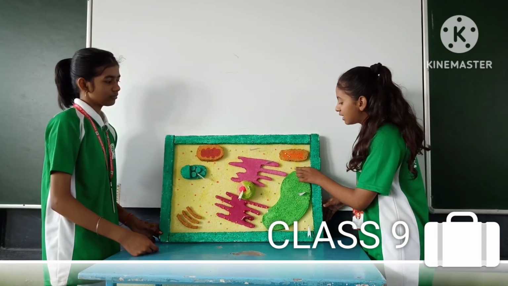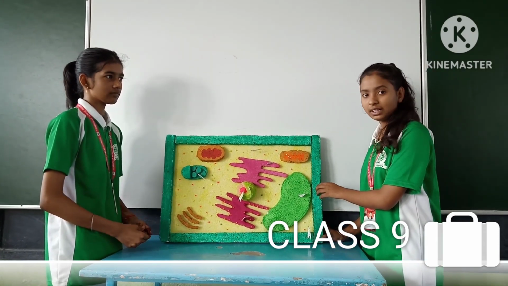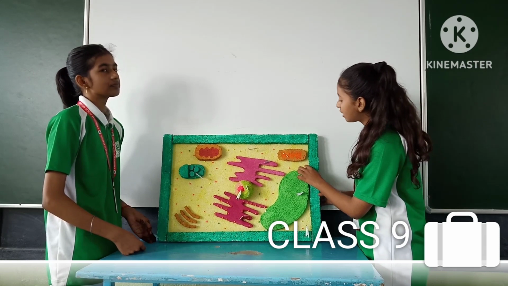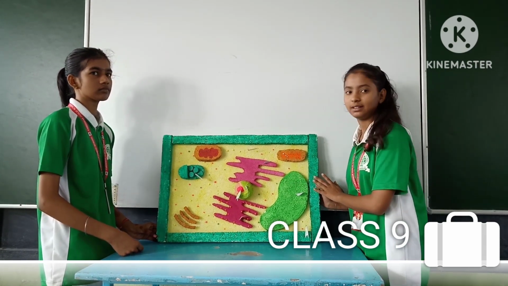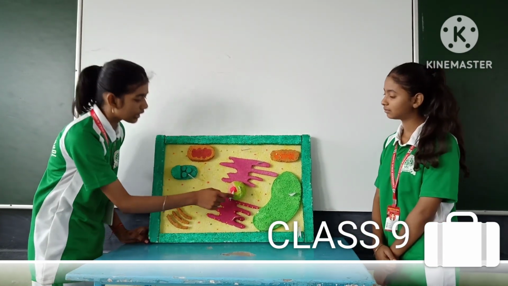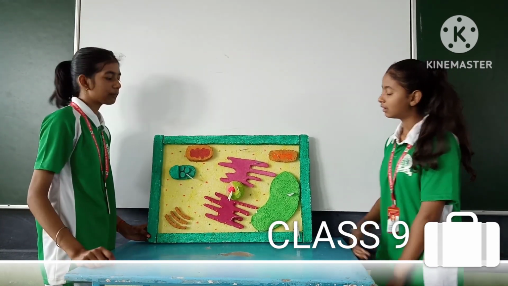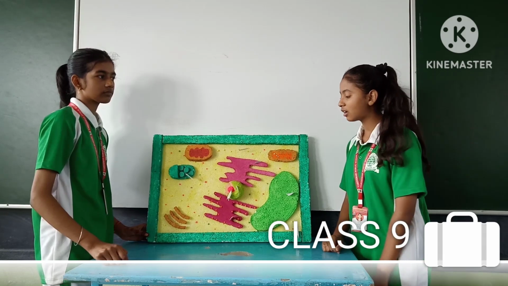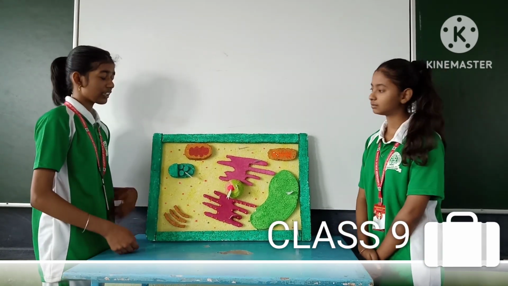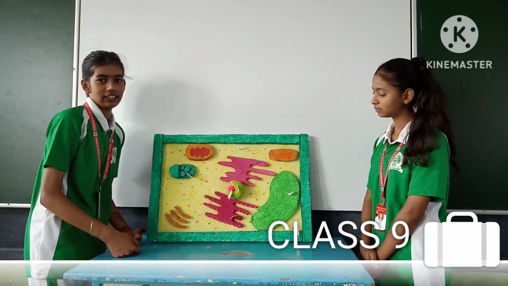And this is the ribosome. It has an outer layer and inner layer, and this is the cytoplasm of the plant cell. This is the nucleus, discovered by Robert Brown. It controls all the activities of the cell. It transports information from parents to the child.